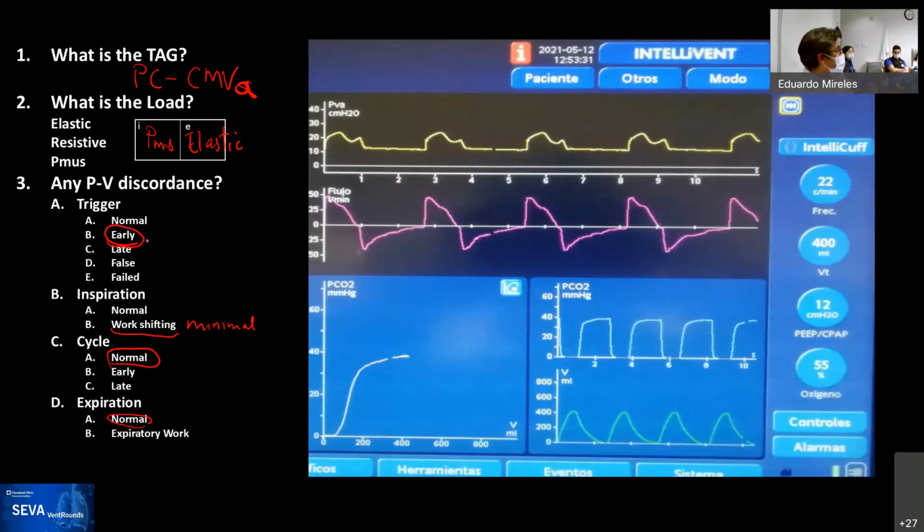Very good. All right. So let's start with the meat, right? What is the mode? And obviously, you're practicing in Mexico, so it's in Spanish. It says CMB, and you're like, what is that? So you go to the Rosetta Stone and look for it, and it tells you that it's volume control. The regular volume control is volume control CMB. Yes.